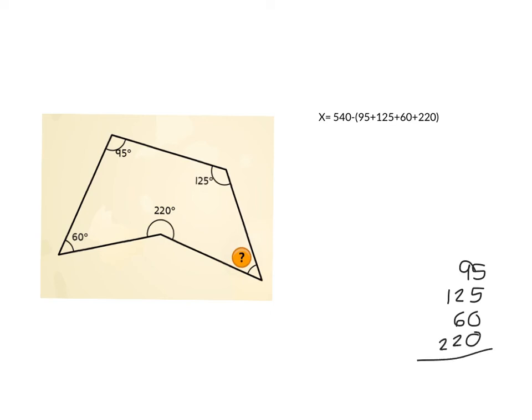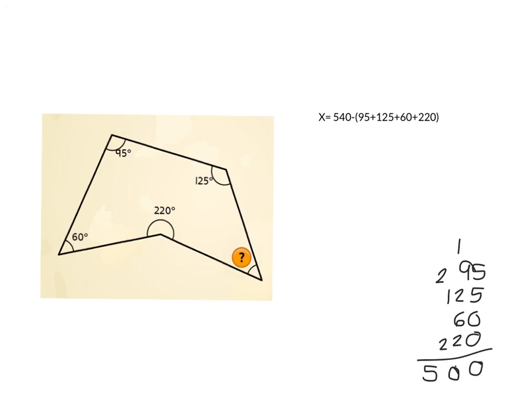Let's add it. 5 plus 5 plus nothing is 10, and carry the 1. 1 plus 9 is 10. 10 plus 2 is 12. 12 plus 6 is 18, and 18 plus 2 is 20. So I write the 0 there, and I carry the 2. 2 plus 1 is 3, plus 2 is 5. So we have 580 degrees.